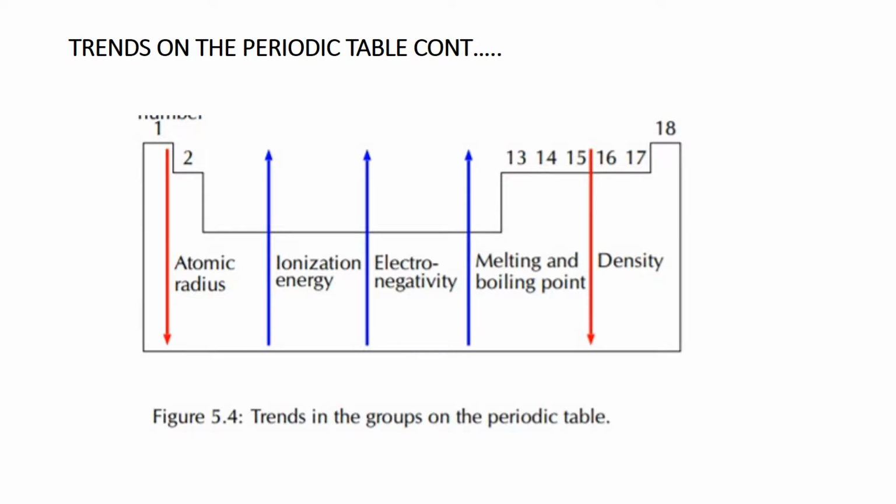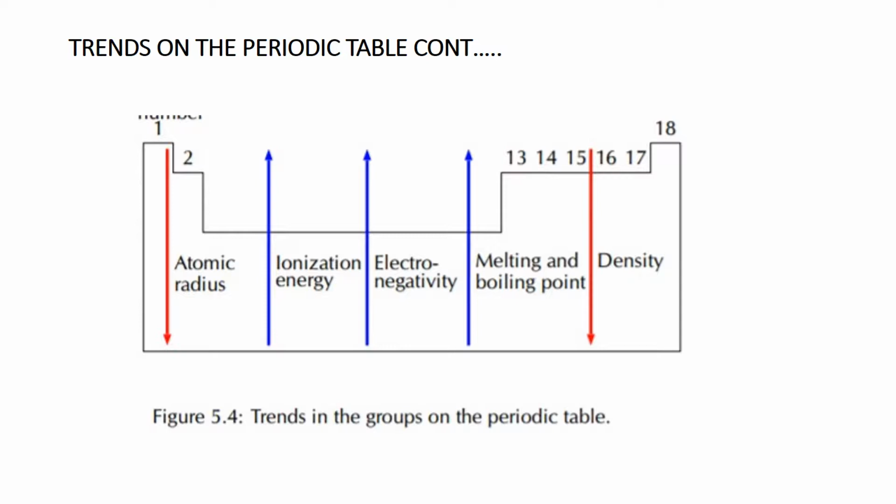Let's look at some of the trends on the periodic table. So figure 5.4 below shows the trends in the groups on the periodic table. Remember, we said that groups are vertical in the periodic table. The atomic radius increases down the group.